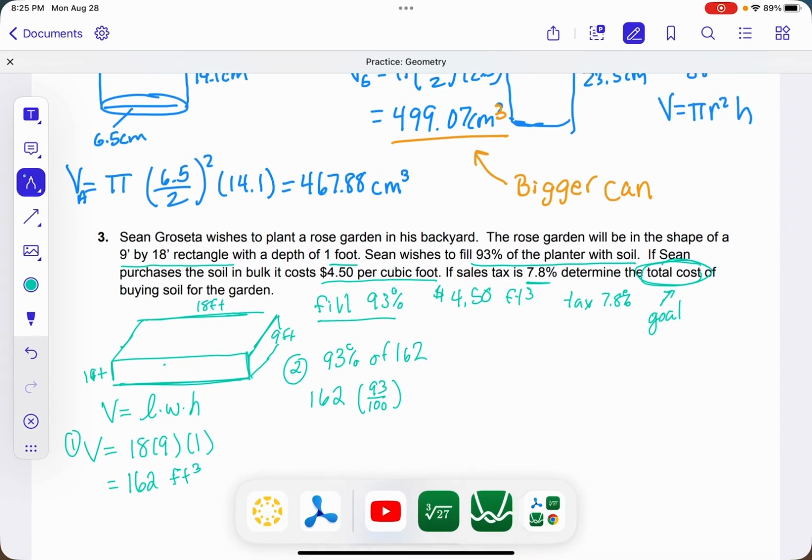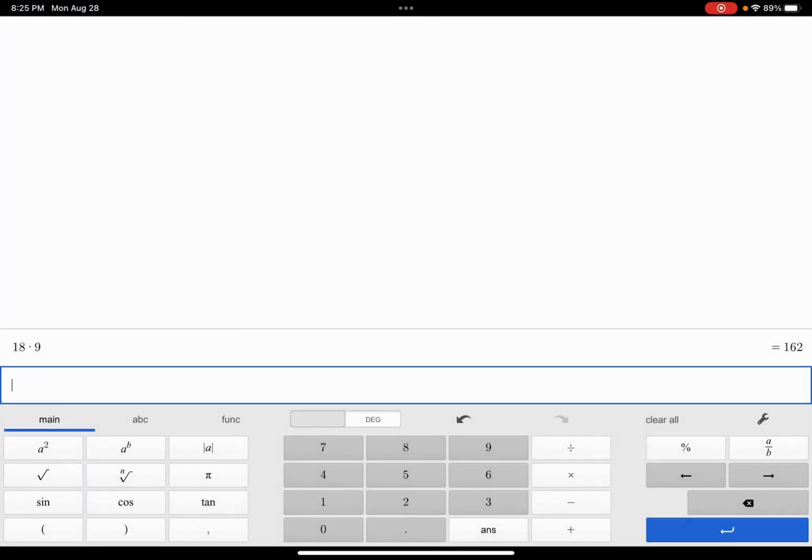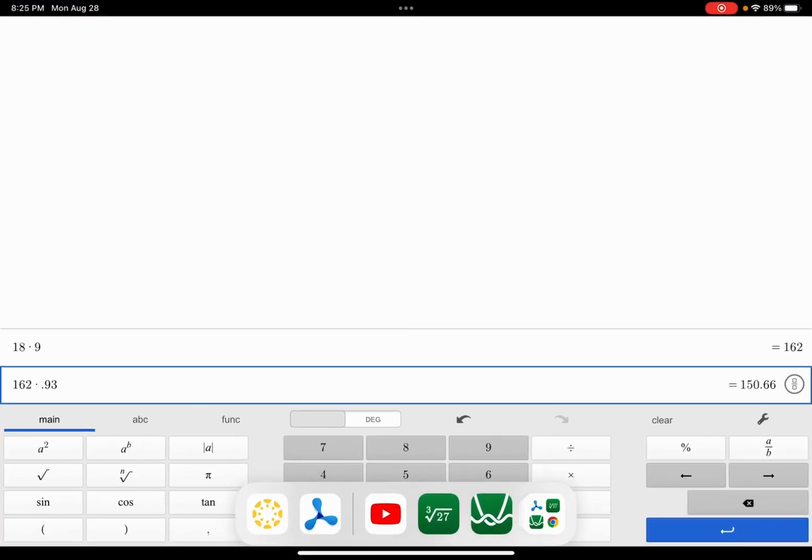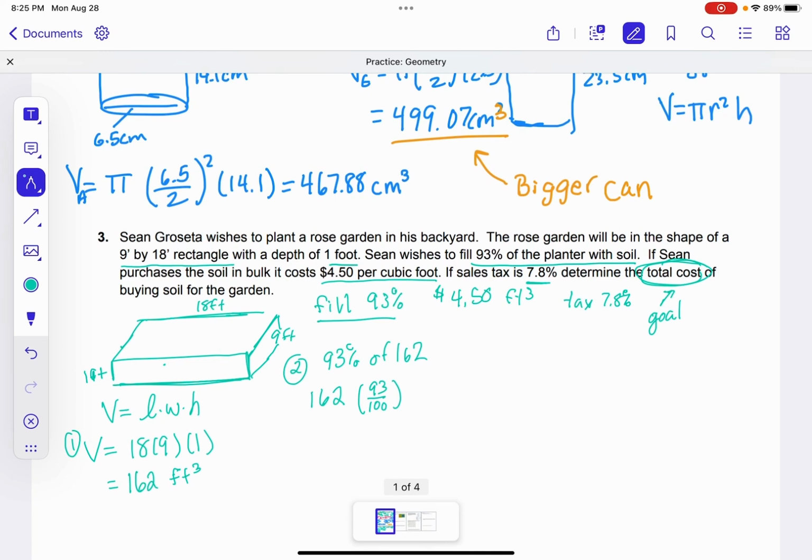And so let's go over to my calculator, and in my next row I'm going to take 162 times 0.93, and notice, okay, 150.66. So we want the amount of soil, 150.66 cubic feet is how much we're going to buy.